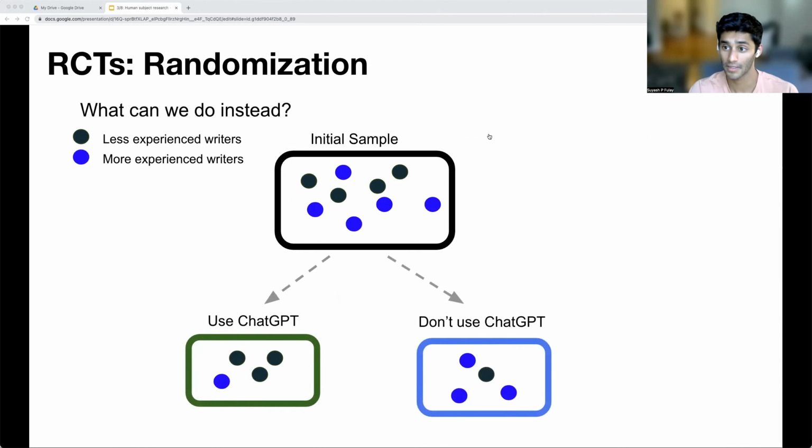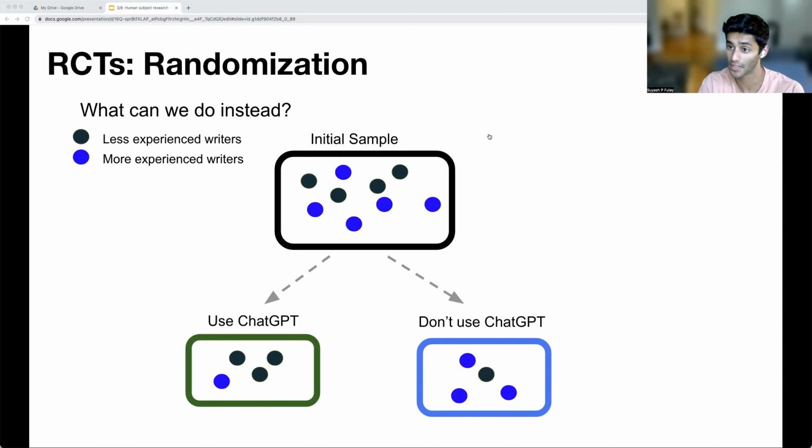And maybe what happens is that people that are more experienced writers are actually less likely to use ChatGPT because maybe they are just better at writing, so they feel that they don't need assistance. They maybe like their own writing style. And the people that are less experienced might actually choose to use ChatGPT more because it helps them. They feel like it can give them a larger boost.